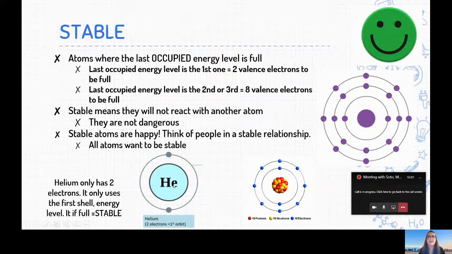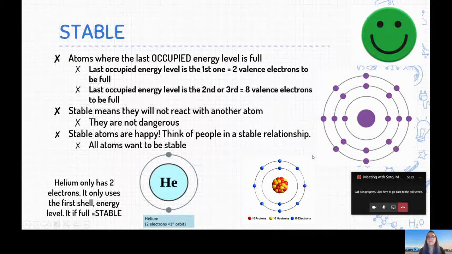It's stable. It's not going to blow up just because it exists. So helium is a stable element. It's happy as it is. It's fine. Its shell is full. It only has 2 electrons, and the first shell only fits 2 electrons. So he's maxed out. He's happy.